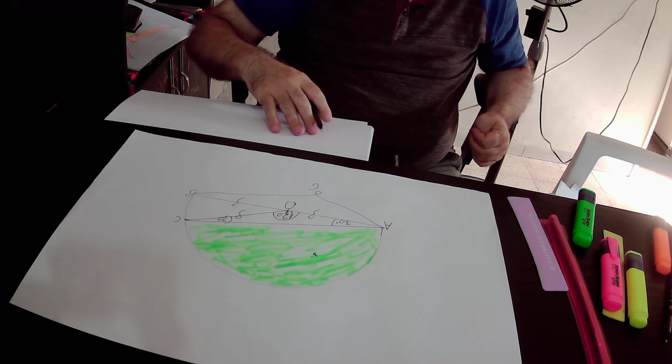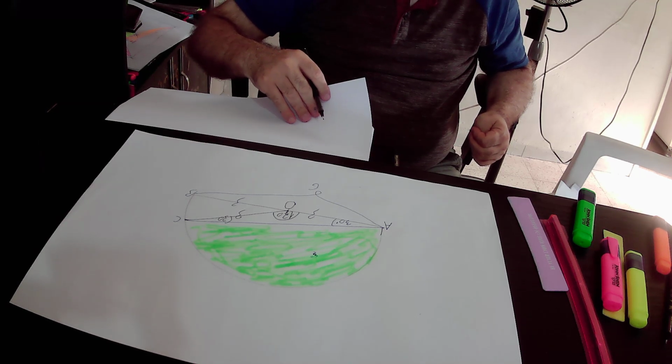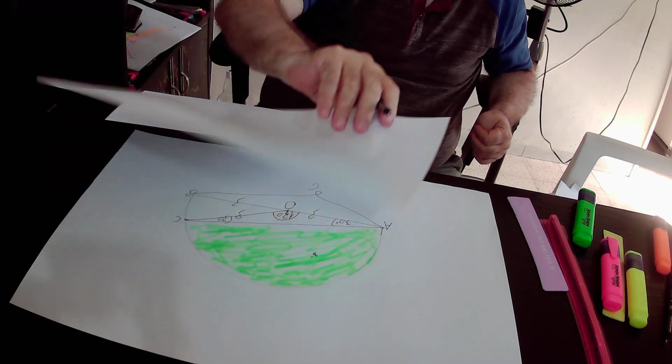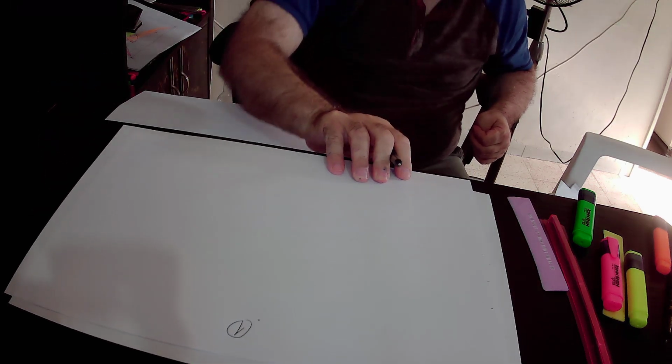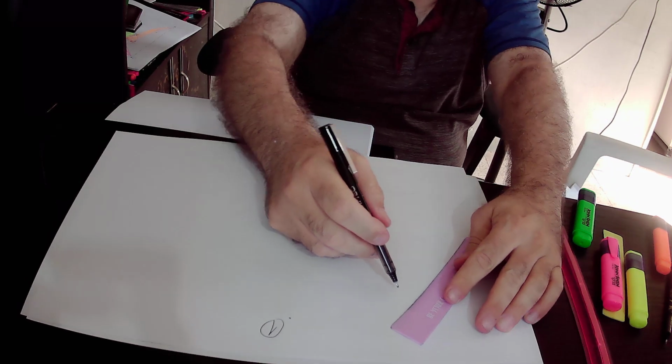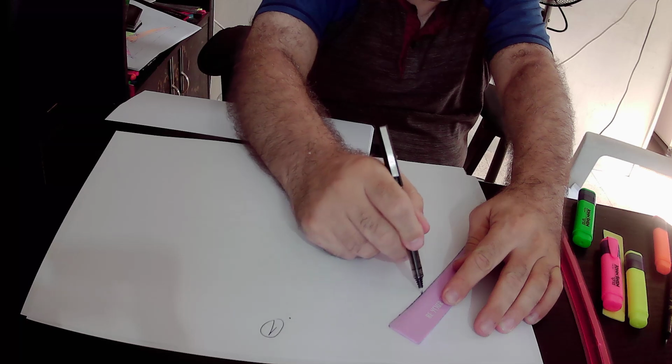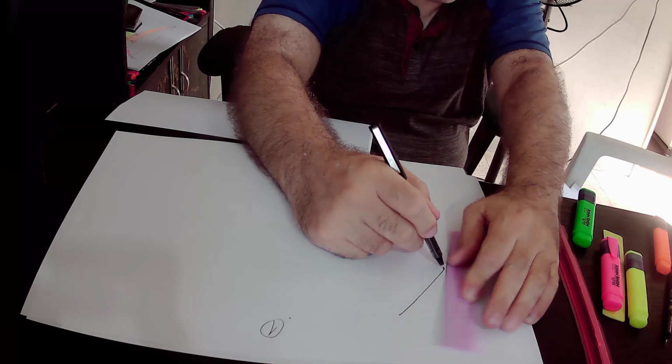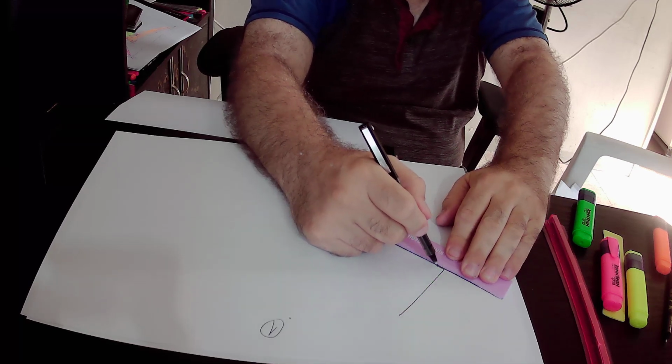The formula for the area of a sector. Okay, so if we have here a sector AOB, that could be any sector.